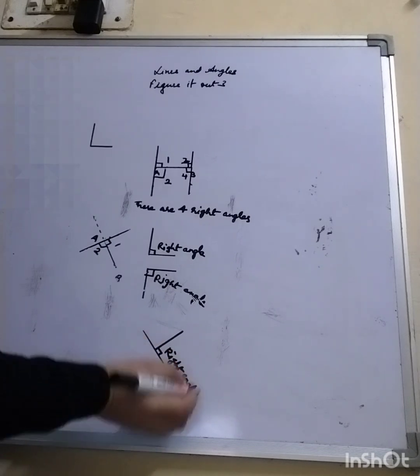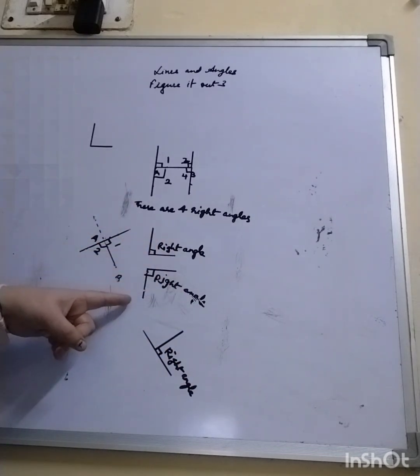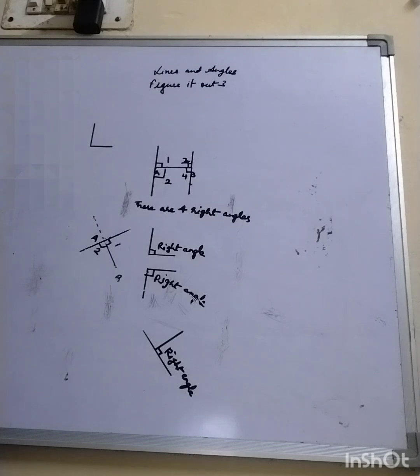So don't get confused because of the directions. Any L, in any direction, if you are getting a shape L, would give you a right angle. Now we move to the next question, question number 4.